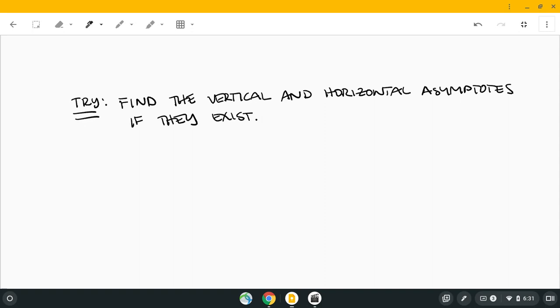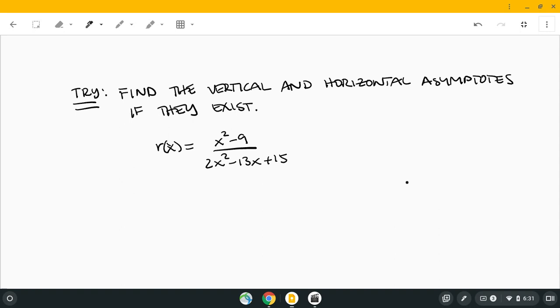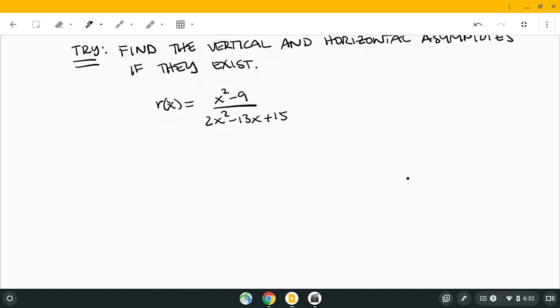Okay, here's your function, r of x equals x squared minus 9 over 2x squared minus 13x plus 15. Okay, go ahead and find both the vertical and the horizontal asymptotes. Hit the pause button and come right back.